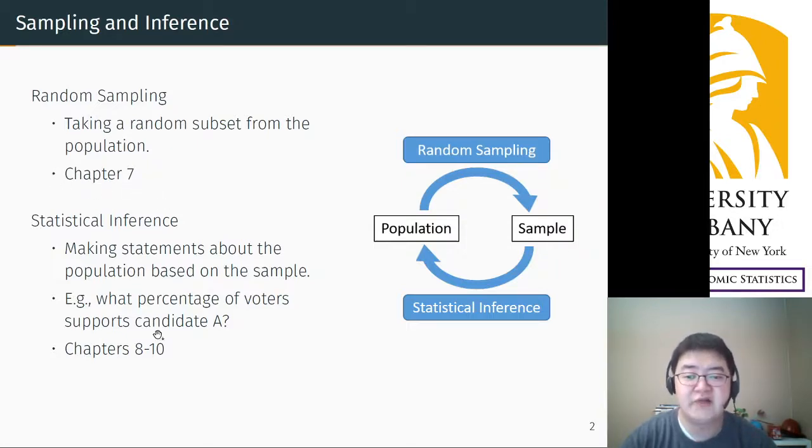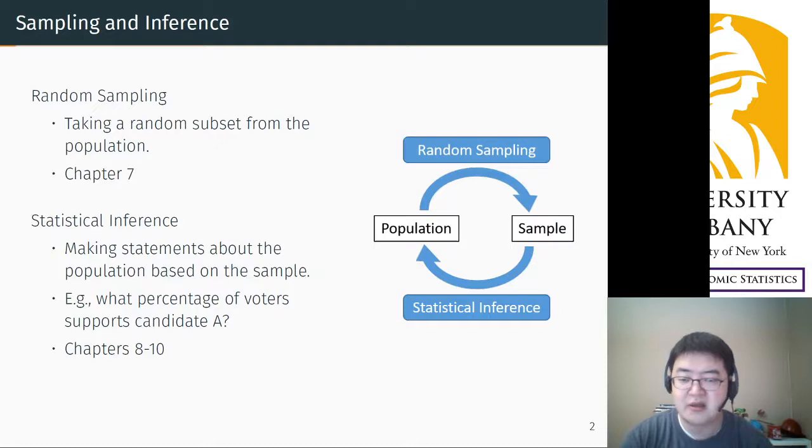And in the following chapters, we learned this process to understand the other way, to implement inference. So statistical inference is going the other way. We observe the sample, but we do not observe the population, so we would like to infer about the population using the sample. That is statistical inference. It's a process to make statements about the population using the sample.